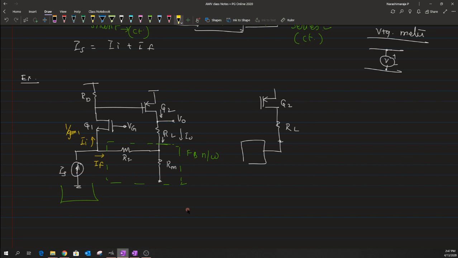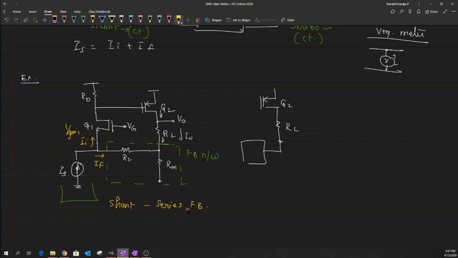So basically the type of network that we have is, sorry, it's not series, it's basically shunt at the input and series at the output.